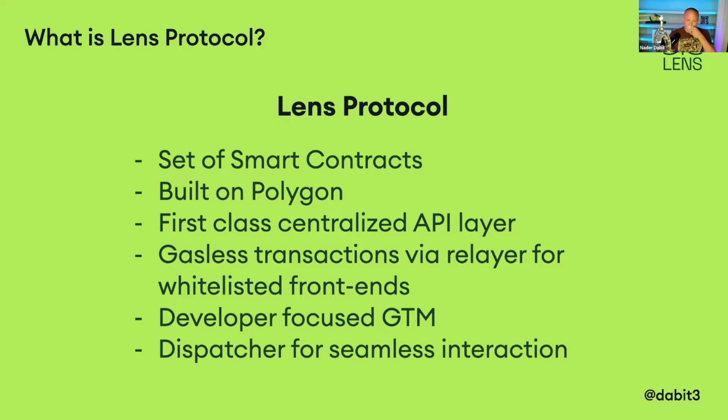Also, there's this idea of a dispatcher that's been recently implemented into Lens. What this allows you to do is to interact with Lens applications without having to sign every transaction. You sign once and you essentially are allowing that dispatcher to spend a certain amount of gas on behalf of you.